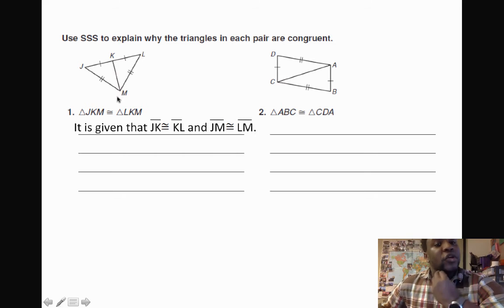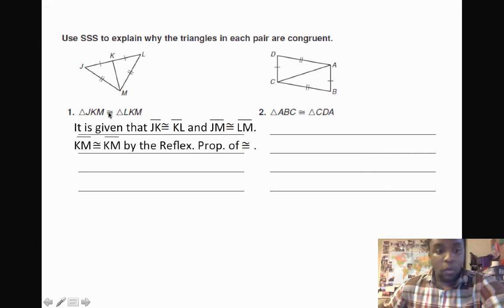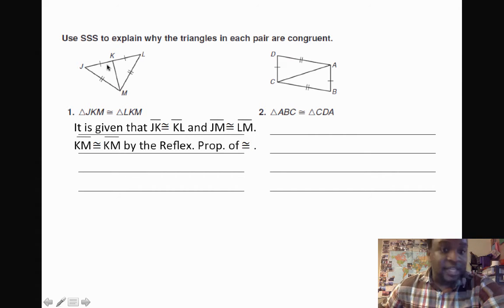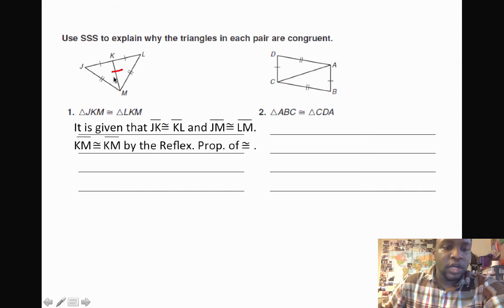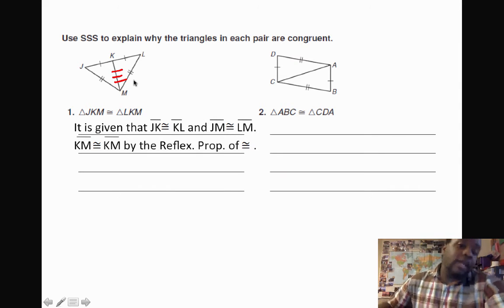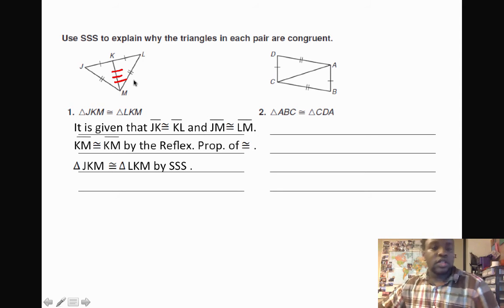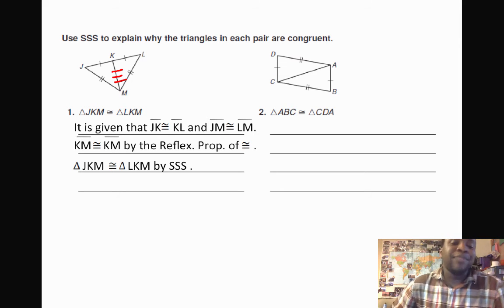But we need a third side. Where is that third side going to come from? Well, KM is congruent to KM by the reflexive property of congruence. So once we have that KM is congruent, it's basically congruent to itself, so 1, 2, 3, we can then say that the triangles are congruent by side, side, side.